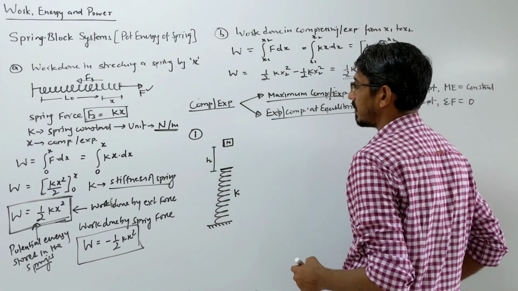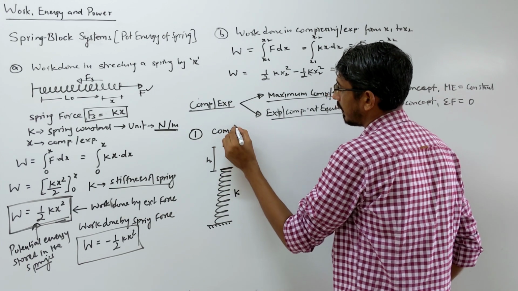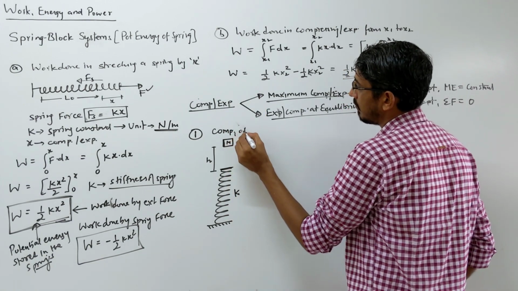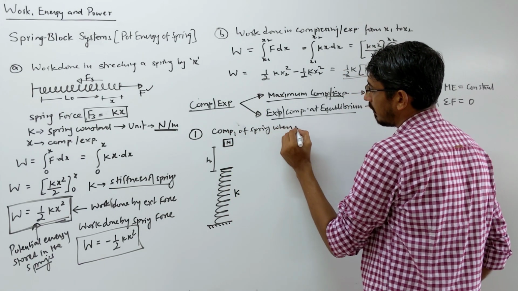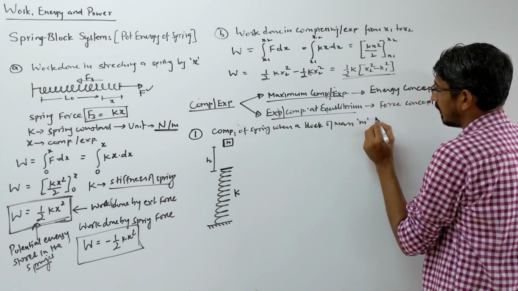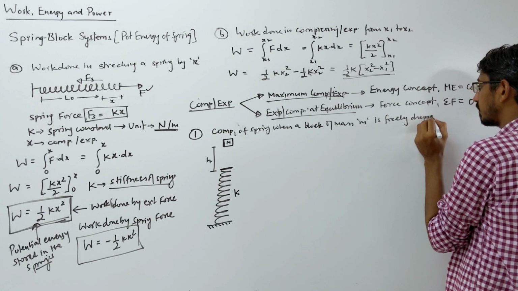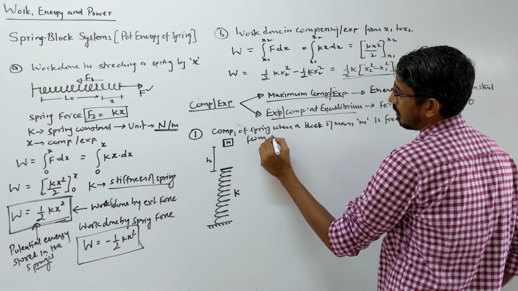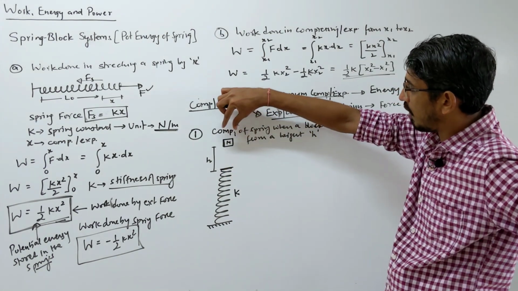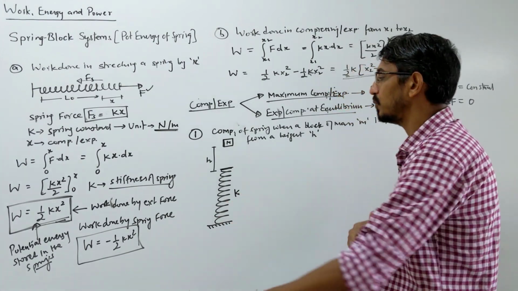The question is: the compression of a spring when a block of mass M is freely dropped from a height h.